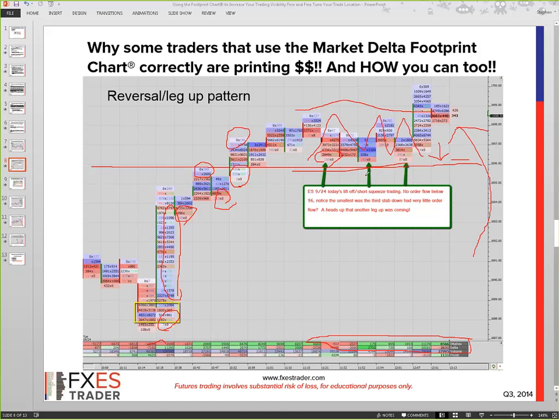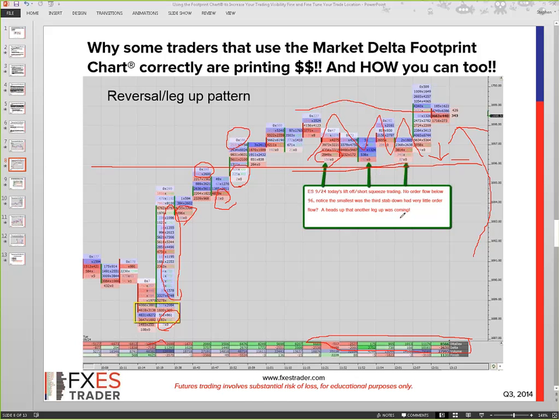So the footprint does a good job of hopefully showing areas where we have really no order flow going off at the bottom. Nobody was really hitting the offer right here. Hence the 3 in a row buy side imbalances at the bottom of this.